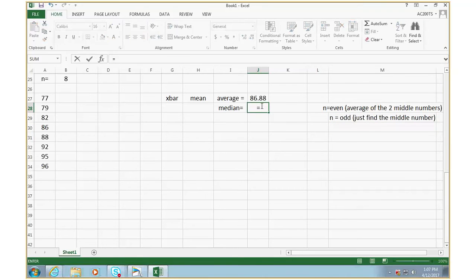So the median is going to be equal to, in this case, this number plus this number divided by what? 2. And if you'll look, what is the middle between 86 and 88?